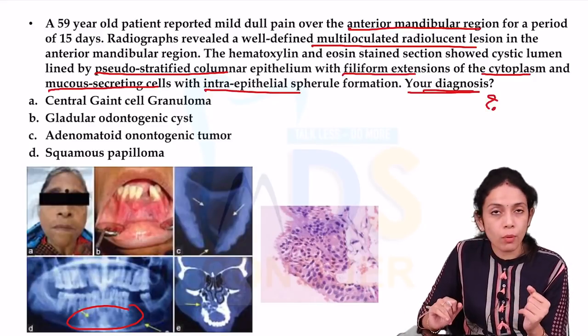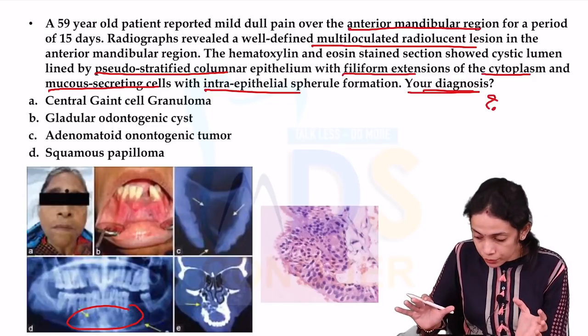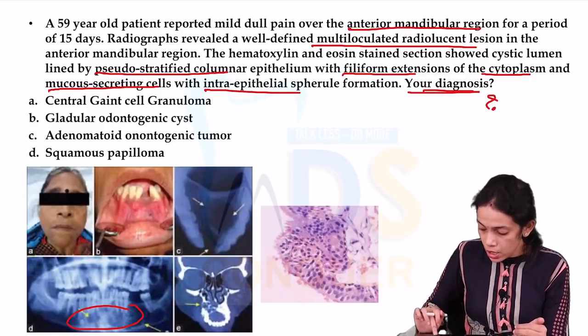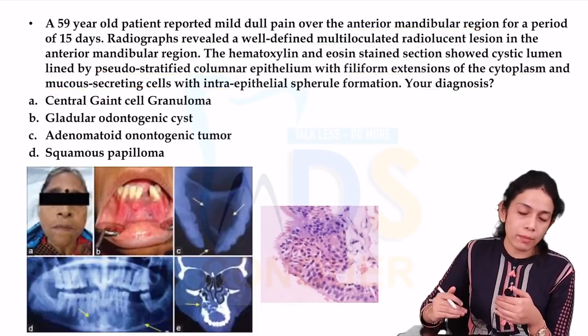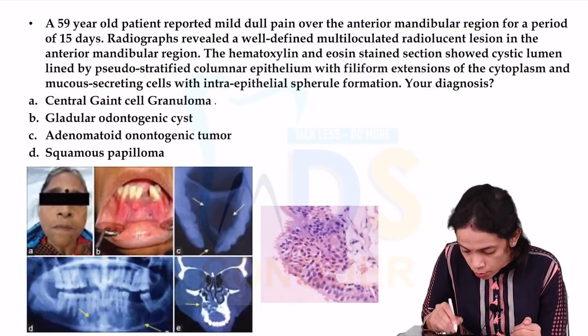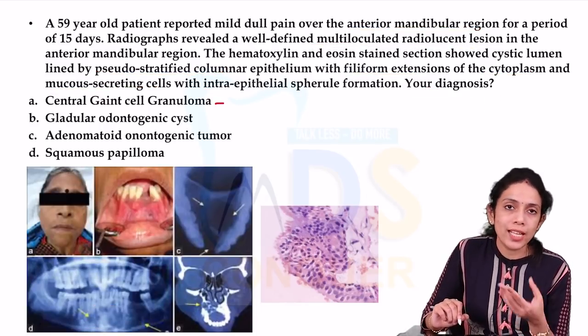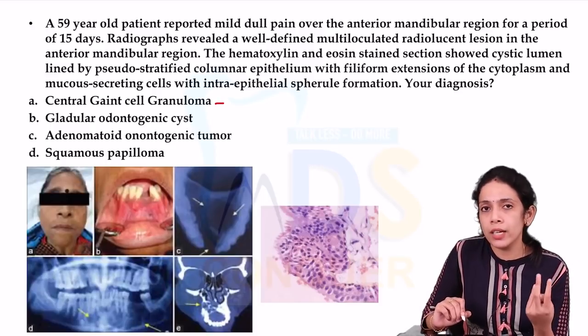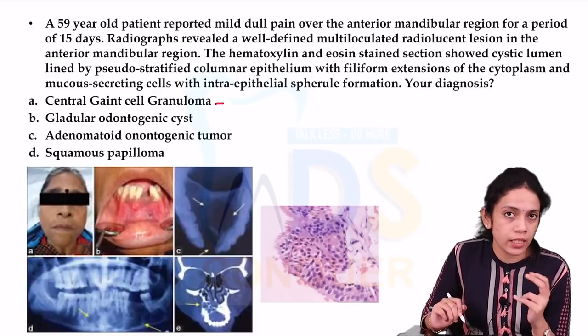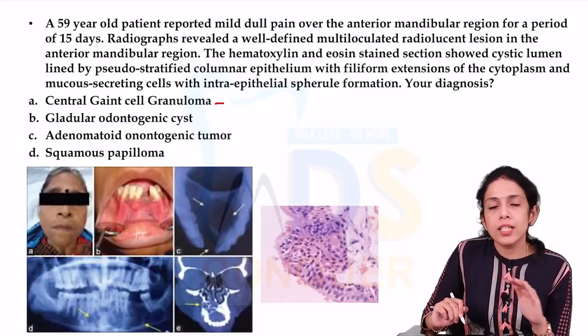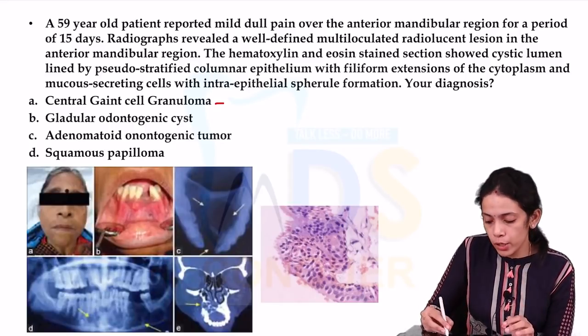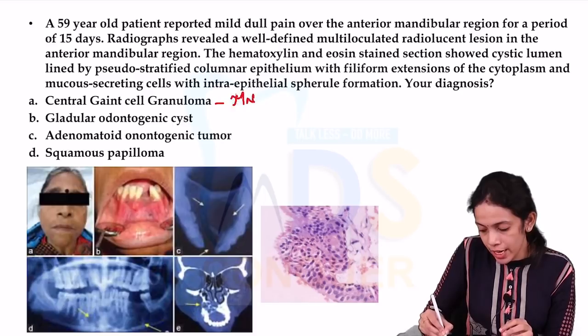So there is spherule formation and mucus secreting cells. Your diagnosis? Here again, go for the options one by one. Central giant cell granuloma is the first option. Yes, the common site is the anterior mandible and there is a multilocular appearance in the radiograph. But the histopath feature would show multinucleated giant cells, which is not given here.